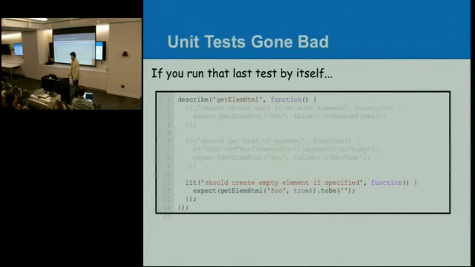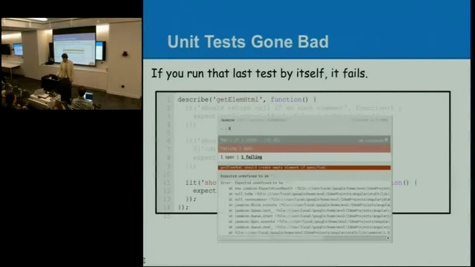Now, to drive home this fact, you can run this last test by itself. AngularJS defines a function init, which allows Jasmine to only run that one test in isolation. And we see that when run by itself, outside the context of the unit test suite, sure enough, that function fails.